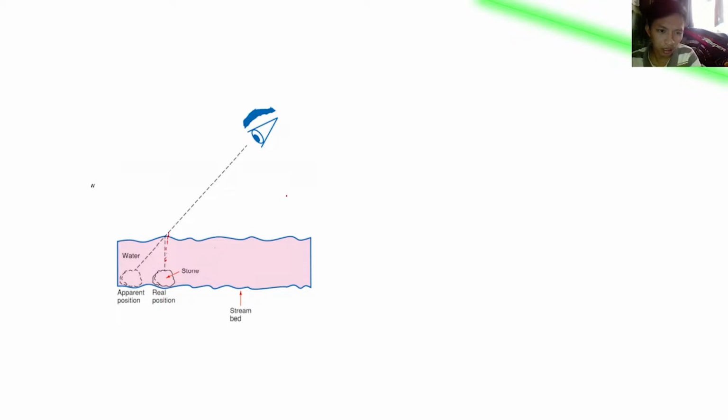Okay, so this is also one way to study, because in ancient times, being able to know this kind of property would help you in fishing, in catching fishes, especially if you are in the water area.